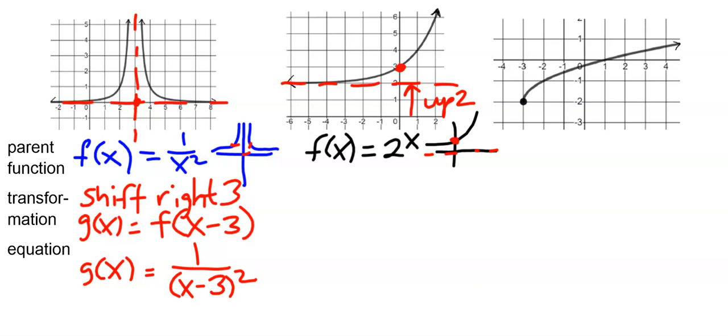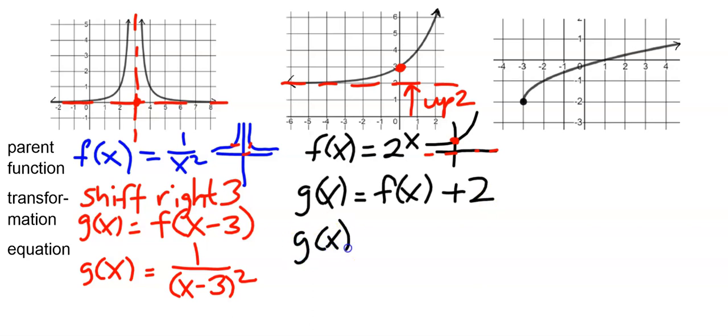So the transformation would look like this. G of x is equal to the entire function f of x plus 2 outside the function. Or, if I write the equation then using the parent function, 2 to the x plus 2. So that's what the transformation and the equation would look like.